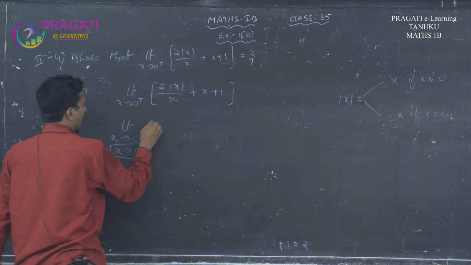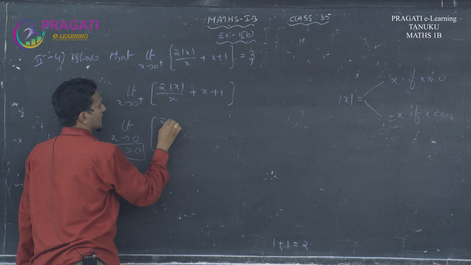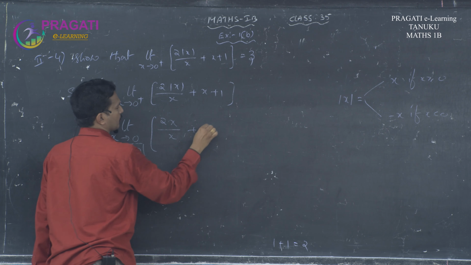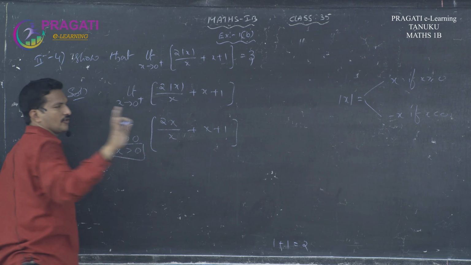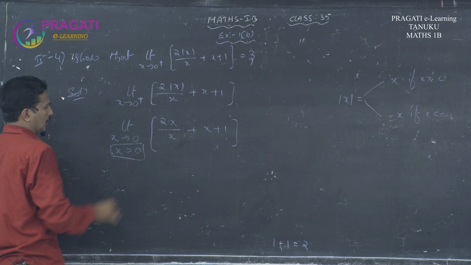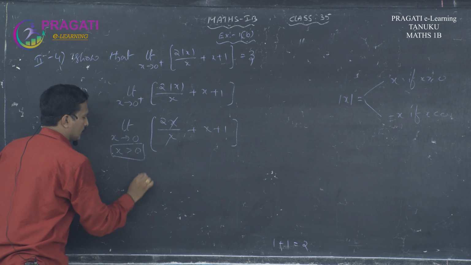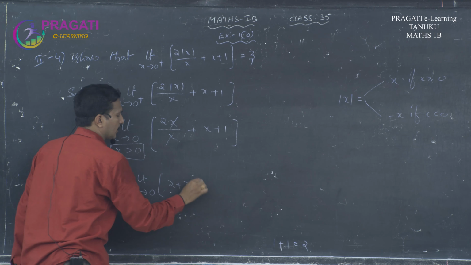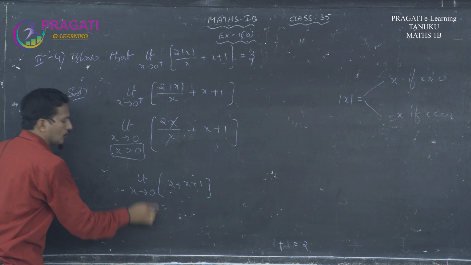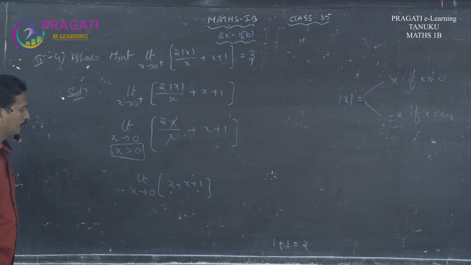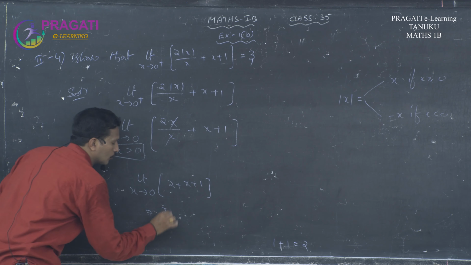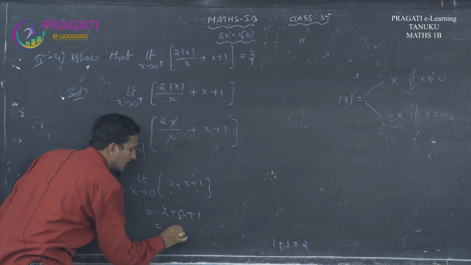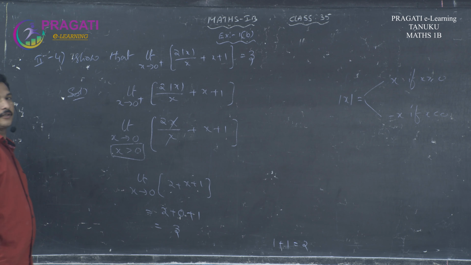So 2 mod x can be written as 2x by x plus 1. The rest does not change, only the mod changes. Here x cancels, so the remaining limit is x tends to 0 of 2 plus x plus 1. By direct substitution, 2 plus 0 plus 1 is equal to 3.